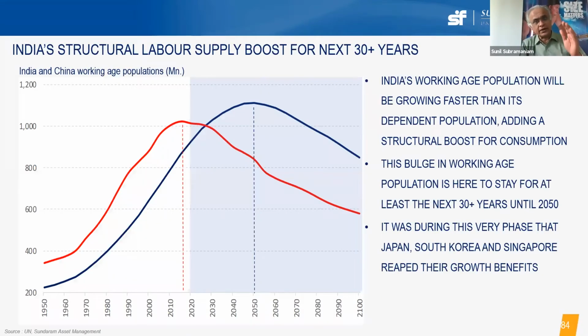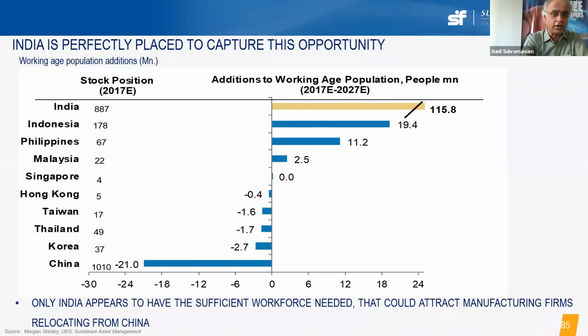Where does this come from? It comes from the decline in the labor force. The red line is the Chinese labor force. As you can see, after rising from the 1950s, in 2017 it plateaued and started coming down, whereas India is on a rising trend till 2050. This plateauing and decline means that China, in the next 10 years, 17 to 27, is losing 21 million people from its workforce, whereas India is adding 115 million to the workforce.